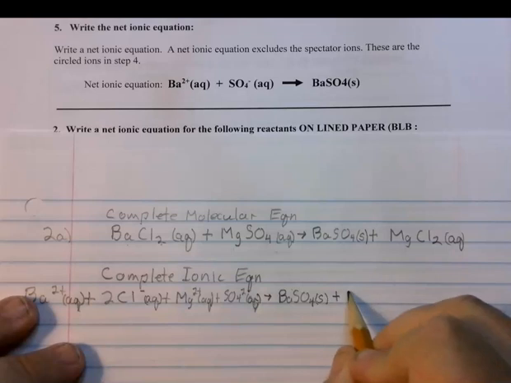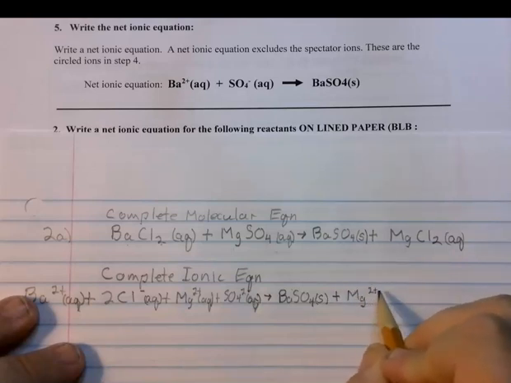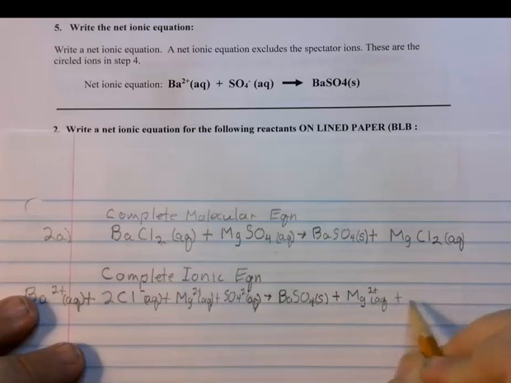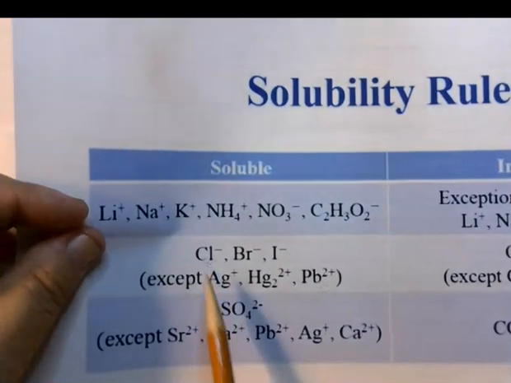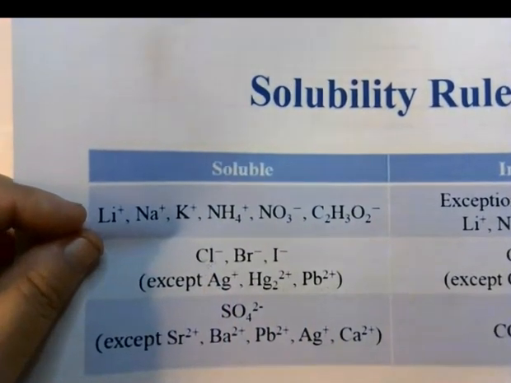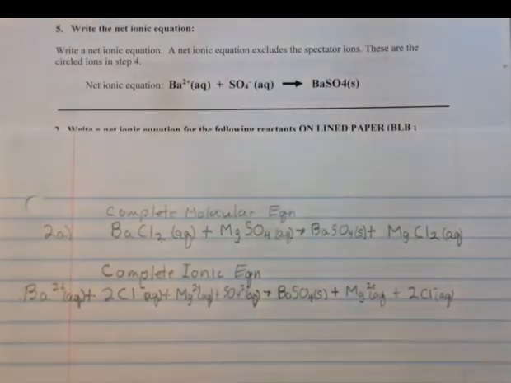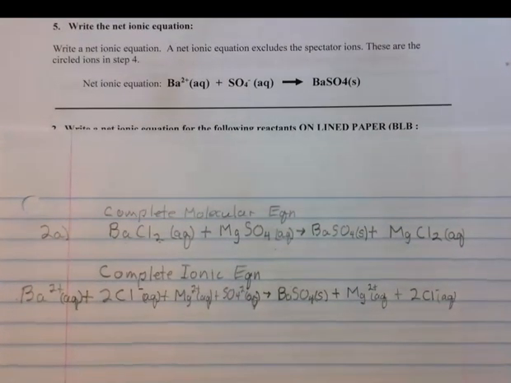Okay, and then we have magnesium. That's aqueous, and 2 Cl minus ions, and that's also aqueous. And we know that because we see that chlorine is soluble except with these three, but magnesium's not one of those, so it is soluble. Okay, so this is our complete ionic equation.